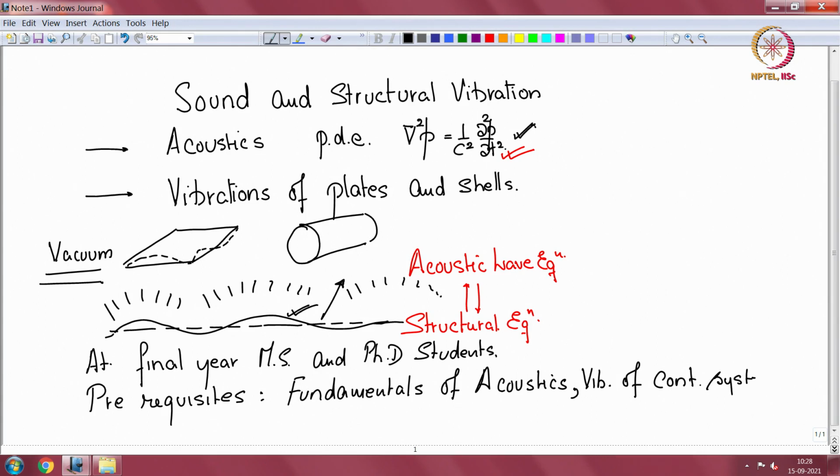Not lumped vibrations like spring mass dampers. You should have had a course in vibration of continuous system, which is plates and shell type structures. It is a prerequisite.